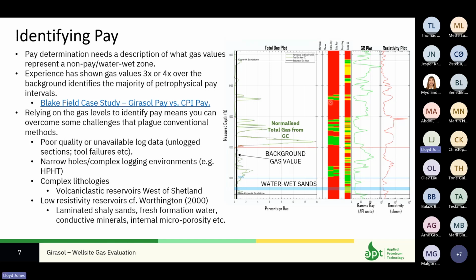And then the left-hand column here, I know the colors are pretty tricky to see, so apologies for that. This is the petrophysical pay as determined on a CPI log. And you can see there's an excellent match between the Girasol pay and the CPI pay just here.